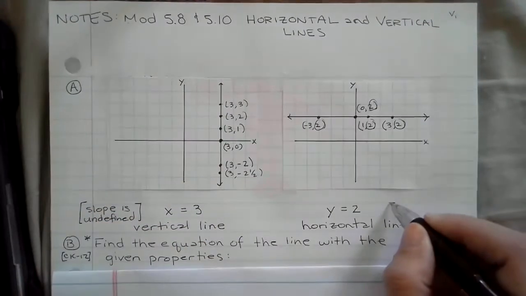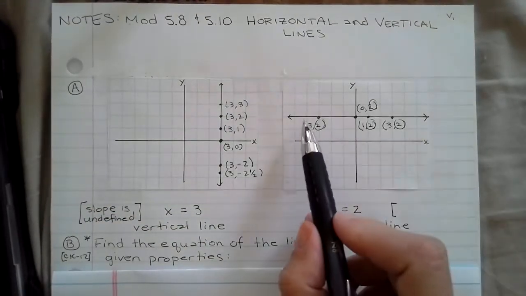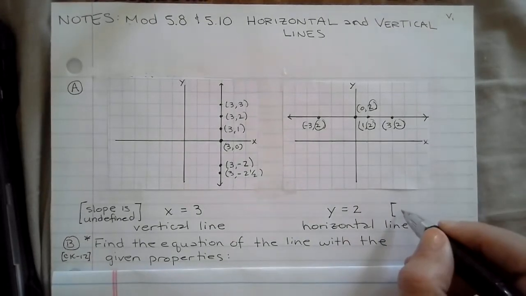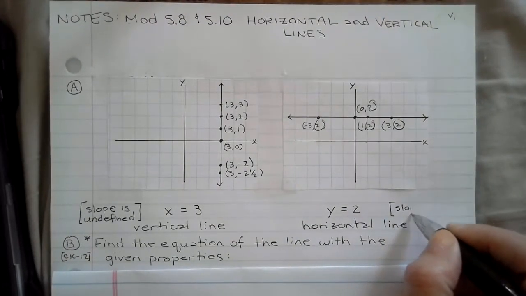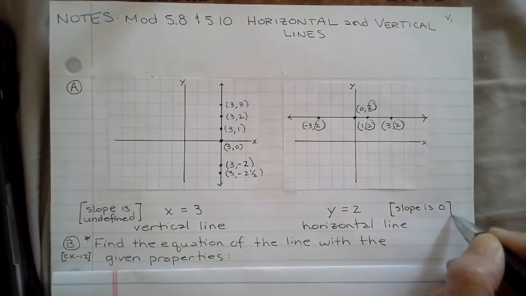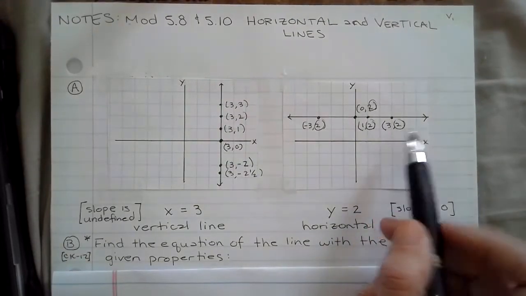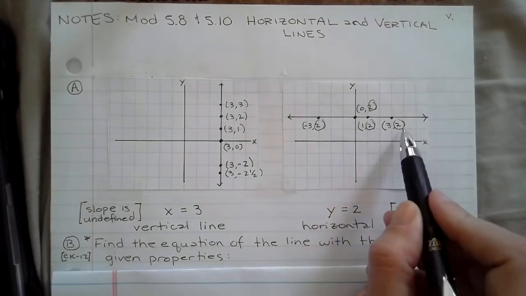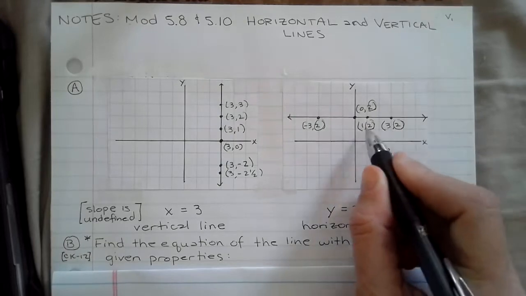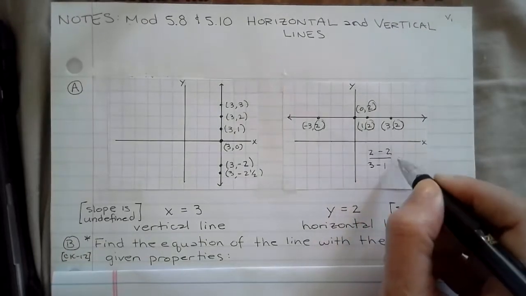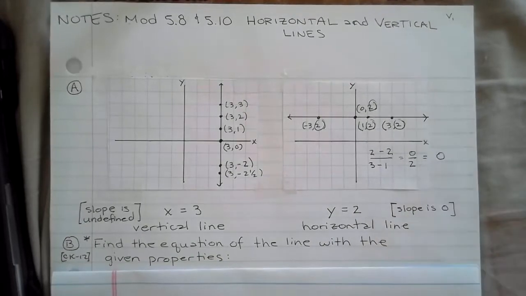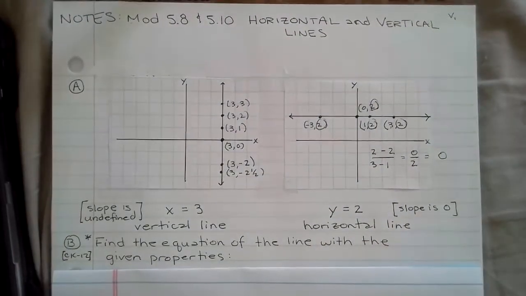And over here, the slope is nice and flat and easy. There's no slope at all. So we say that the slope is 0. And if you want to pick 2 points and find the slope between them, I'll take these two. You see y minus y over x minus x gives us 0 divided into 2 parts. Everybody gets nothing. And you can kind of see the slope is 0.